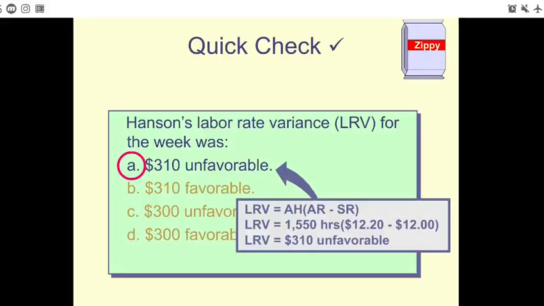Labor rate variance equals actual hour times actual rate minus standard rate. Actual hour is 1,550 hours. Actual rate is $12.20, which you calculated in the previous slide, minus the standard rate of $12 as you can see in the question. So the labor rate variance is $310 unfavorable. Why unfavorable? Because the actual rate is higher than the standard rate.